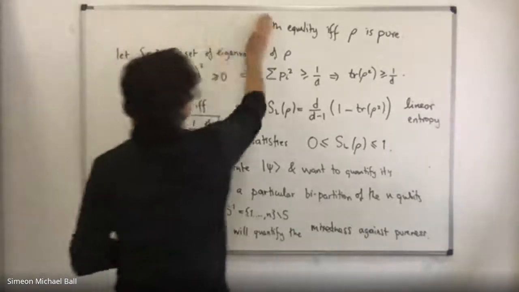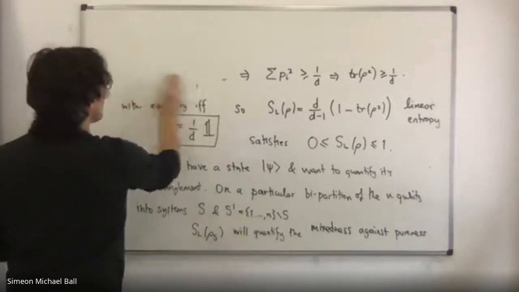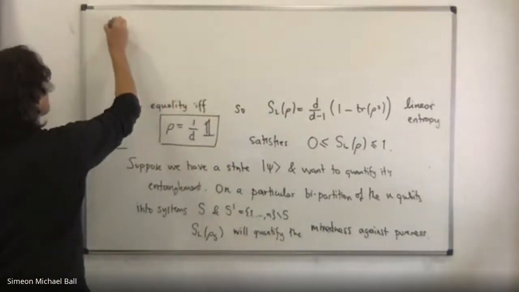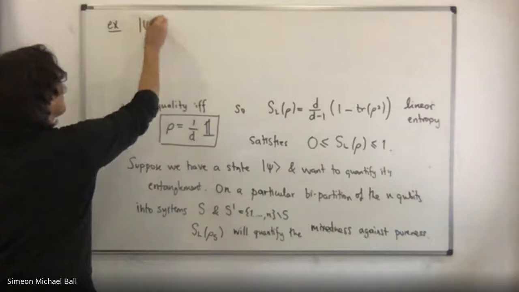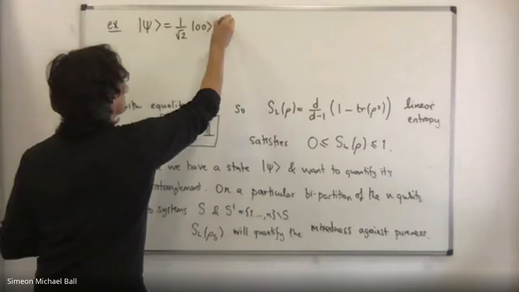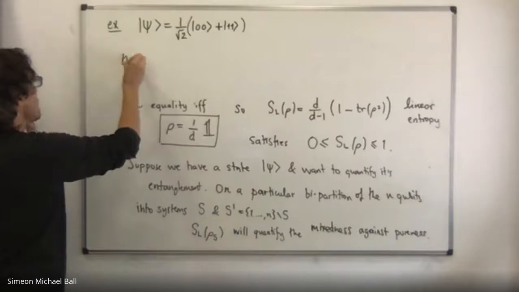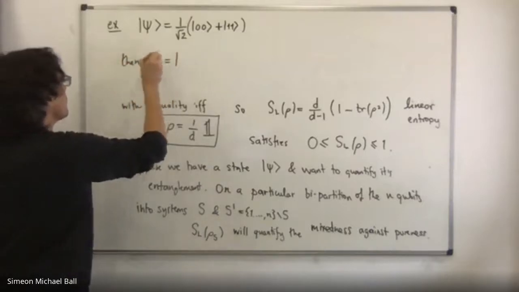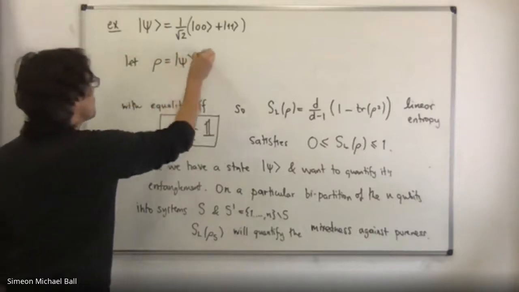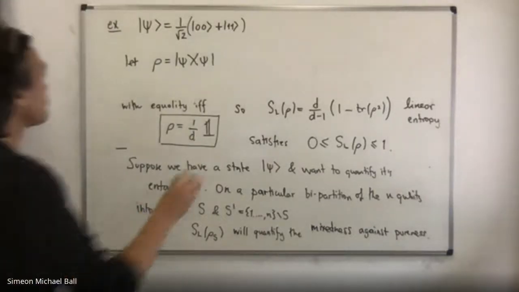So let's have a look at examples. Let's just have a look at our classical example. If I take this state, then let rho be the ket-bra of this pure state.